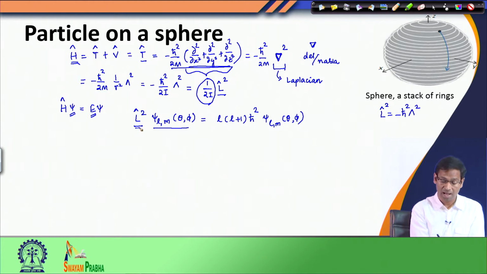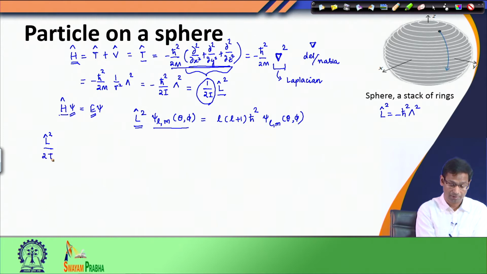So, I know the eigenfunctions of the L square operator, and now I would use this relation in the Schrodinger equation for the Hamiltonian operator. In place of the Hamiltonian, I have the L square operator divided by 2I.